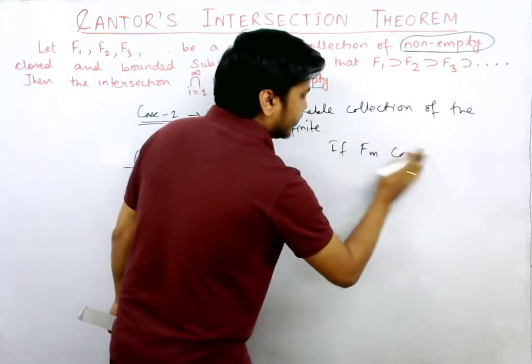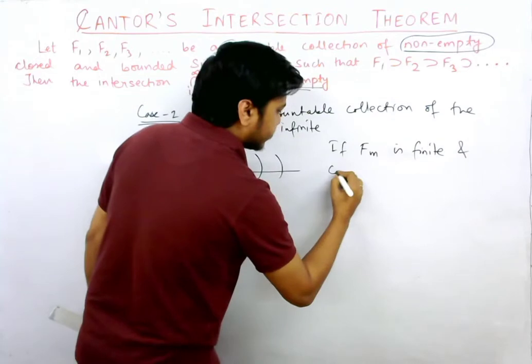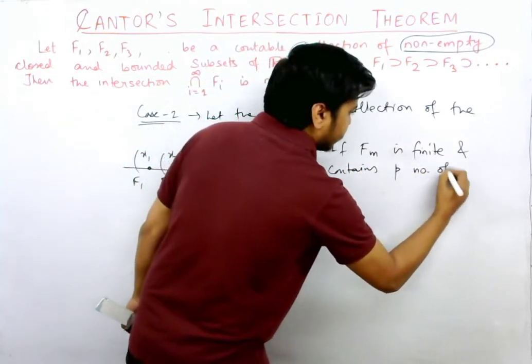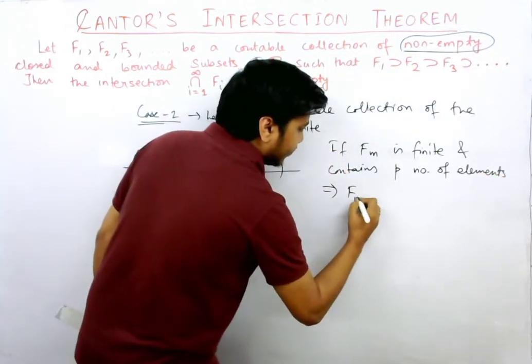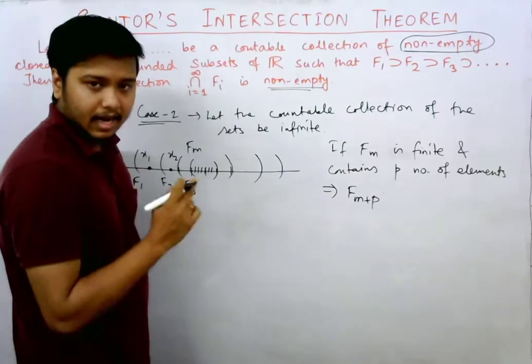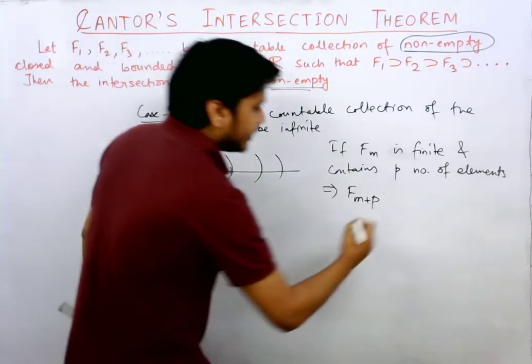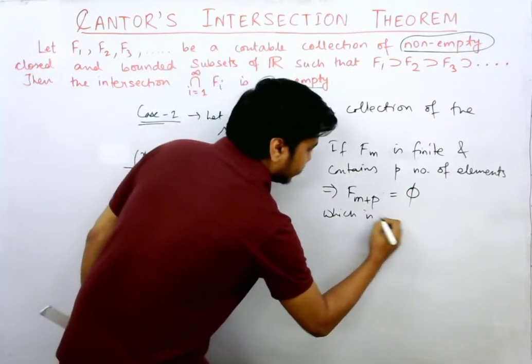So in general, I can say that if Fm is finite and contains p number of elements, then this must imply that Fm plus p, after taking the proper subsets p number of times after Fm, will become empty, which is a contradiction.